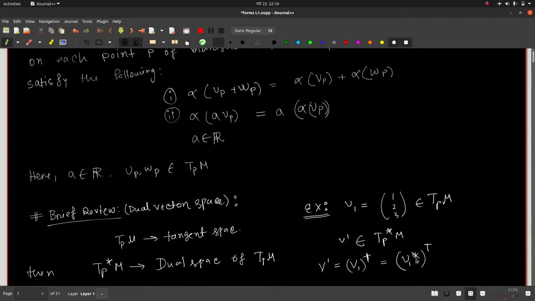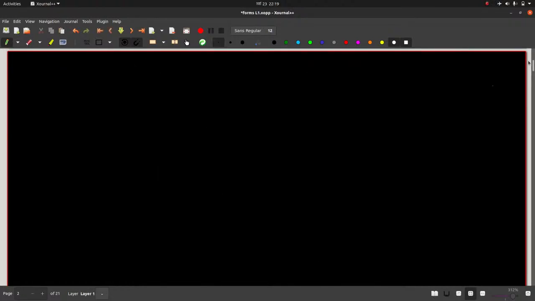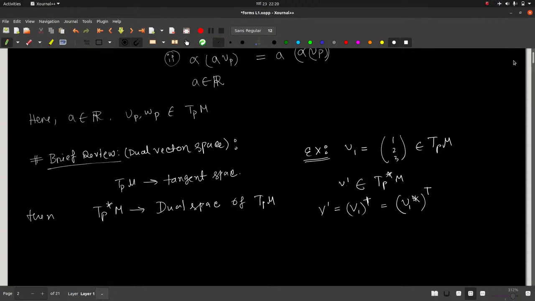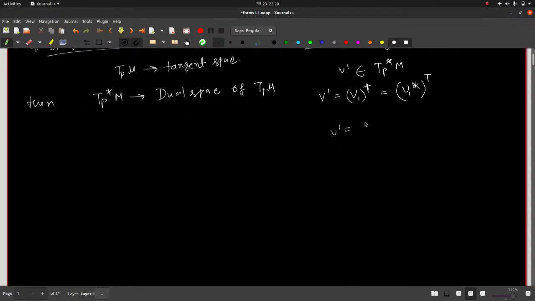Since we are not dealing with complex numbers, you can for now ignore this star symbol. Since v1 is written as 1 2 3, if you make a transpose of it, you should get a row vector, right? So v superscript 1 will be just 1 2 3. This is a very simple example of a dual space, and if you now multiply this thing, you should get 1 squared plus 2 squared plus 3 squared, which is just a real number.